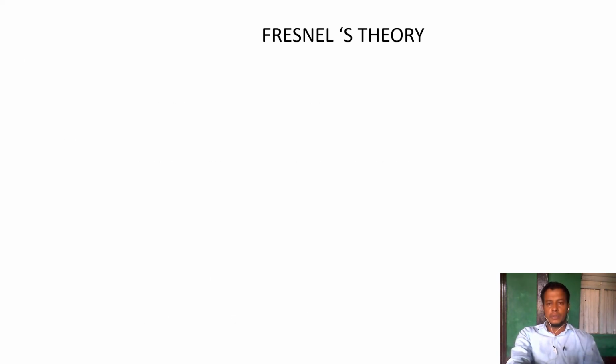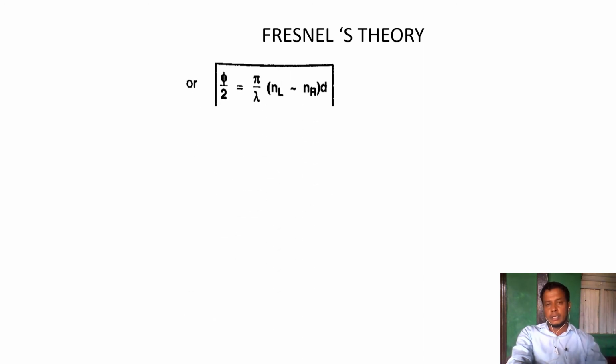Further, the value of phi is divided by 2, and putting this value divided by 2, the 2 cancels, so pi by lambda remains, and (nL minus nR) into d will be available.